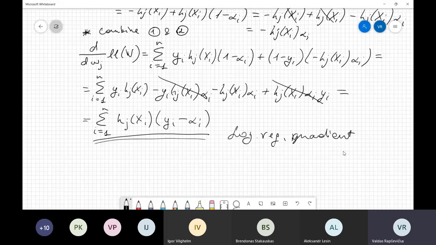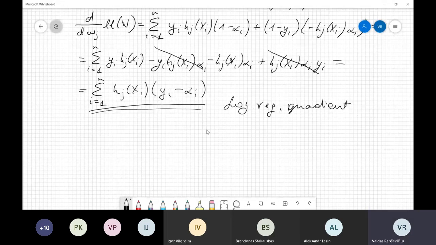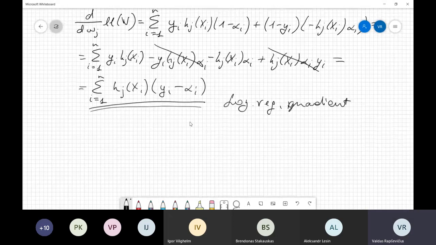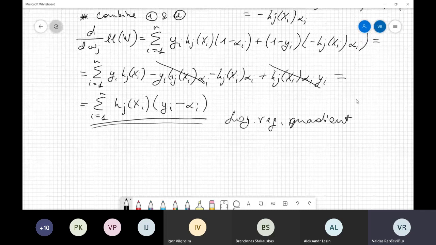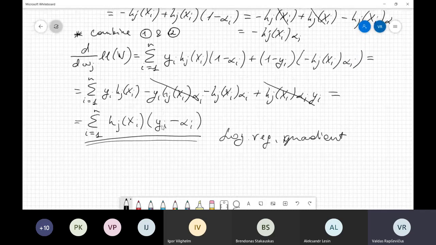Now, if you take a look at this, this is exactly the same as what we had for the perceptron. Remember, for the perceptron, we had a minus between the classes if we were not correct. If we were correct, it became 0, so we did not have any changes to make. Otherwise, we just multiplied with a feature, or the column.